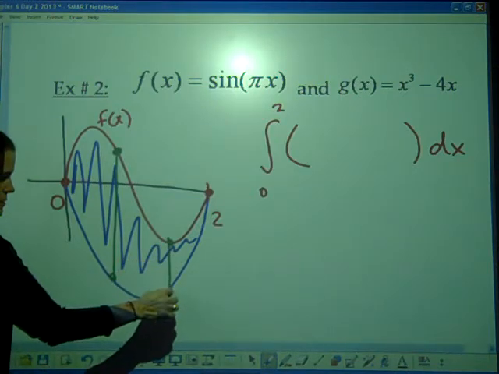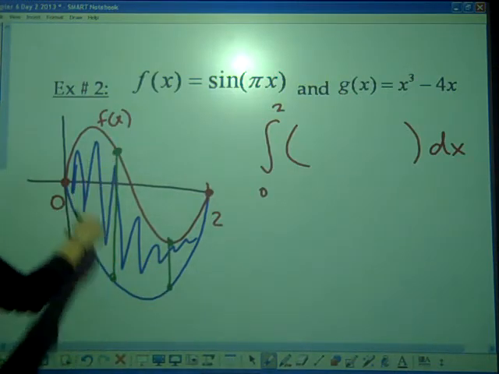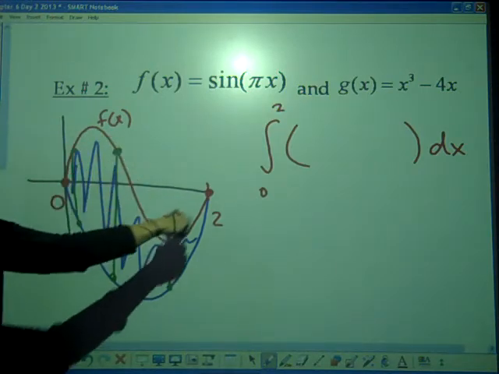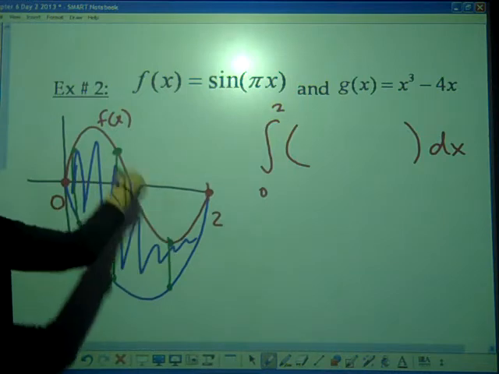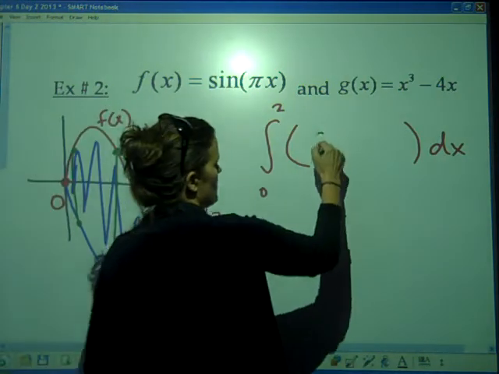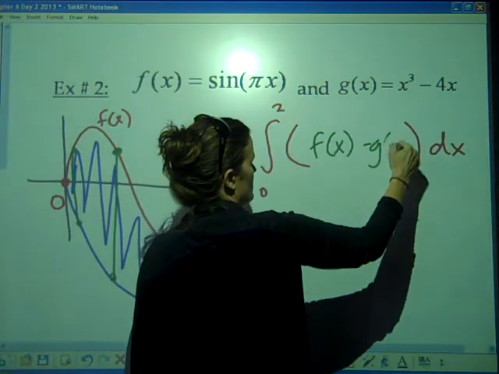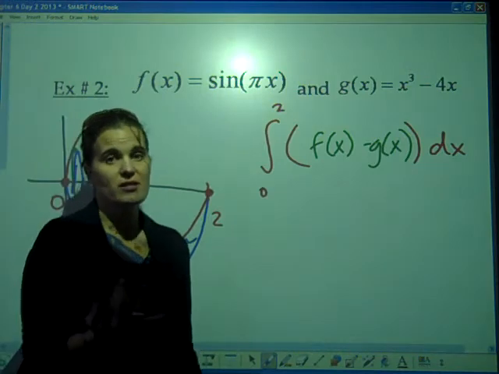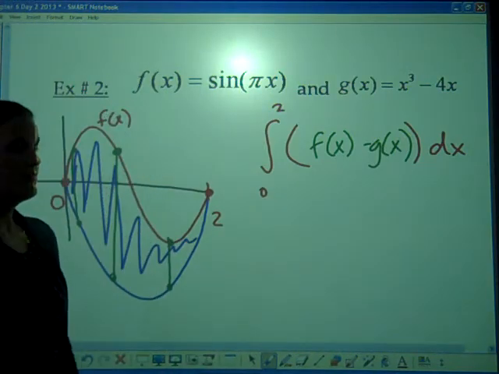How long this slice would be, from top to bottom. So in this case, it truly is the sinusoidal curve, f of x, and we'd be subtracting g of x. So in terms of your setup here, you could just write f of x minus g of x. And then if you have them punched into your calculator, you can just tell the calculator to calculate it for you.